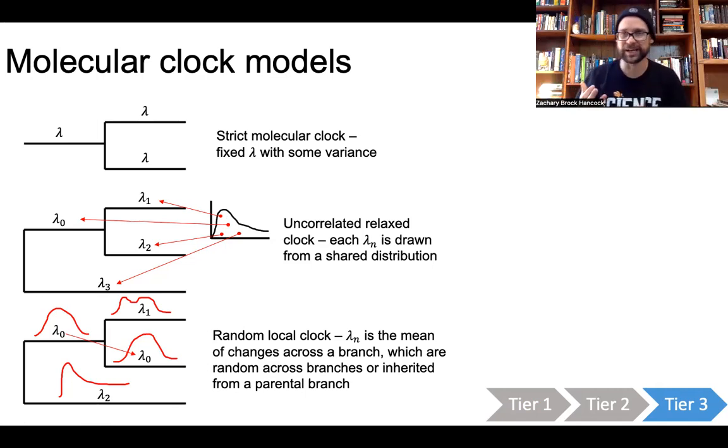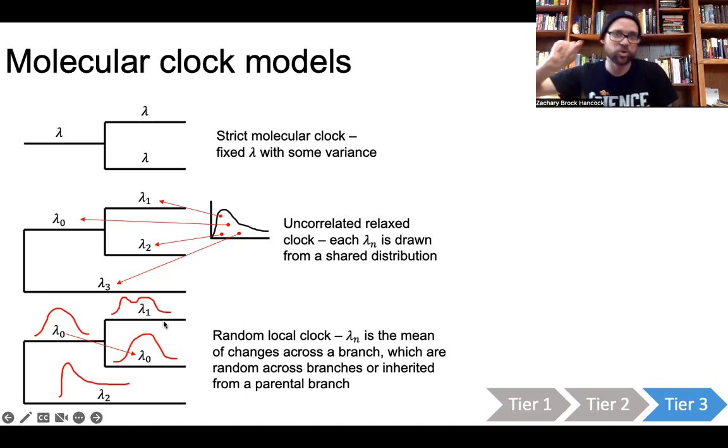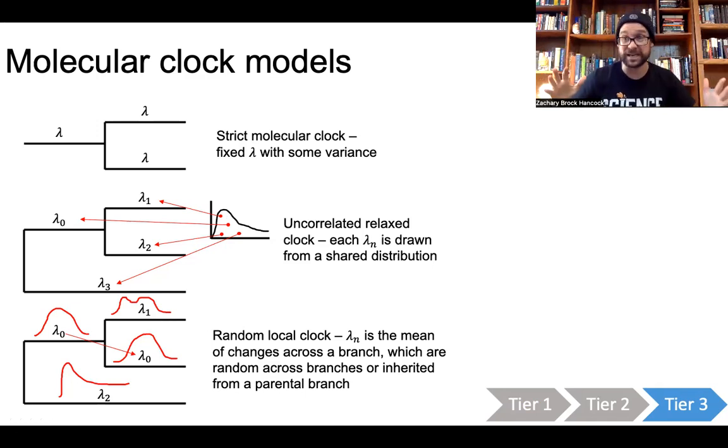One of the most complicated ones is actually the random local clock. So the random local clock is this one here. It assumes that each one of the rates represents a mean of a distribution of rates across that branch, and that distribution of rates can be passed on to descendant branches, or with some probability, that distribution can completely change in descendant branches.